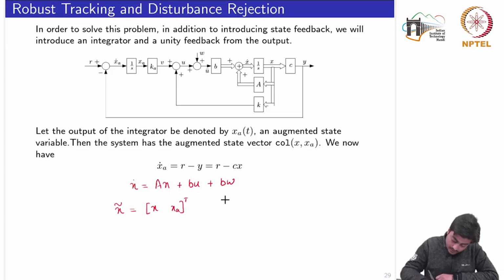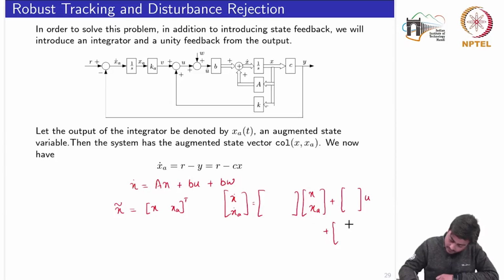Okay, so in that case we would have x dot and xa dot, with inputs one from u, another from r, and another from w.